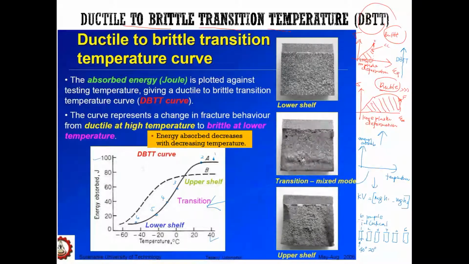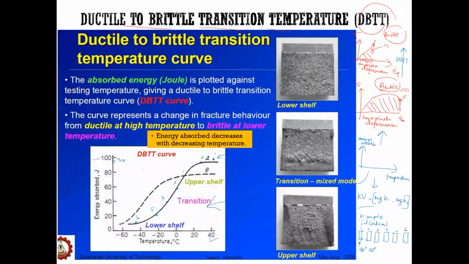From this impact testing of 6 identical samples, we can plot the result like this. At 40 degrees Celsius, we have this value of energy absorbed, which is around 900 joule. Then sample number 2, at 20 degrees Celsius, has a lower energy absorbed.